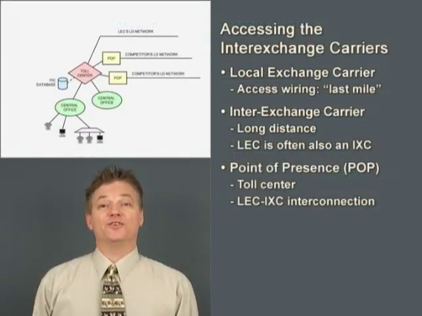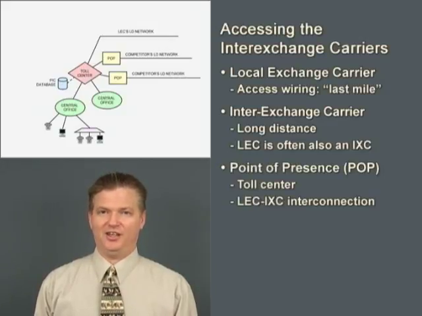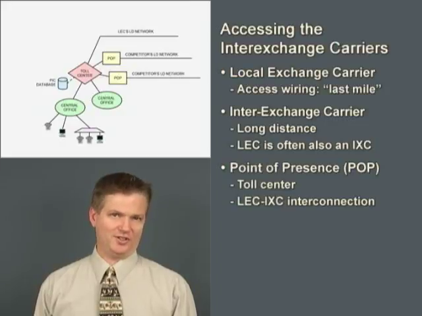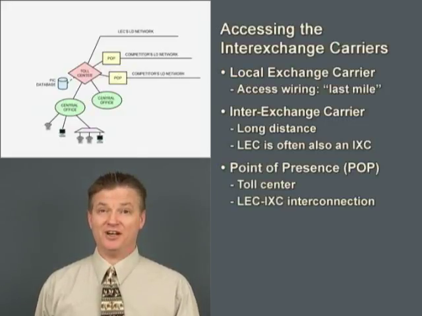When this story first started, all of the people who worked in the toll center would have been Bell System employees. And then under court orders, they would be forced to rent a room in the toll center to MCI.